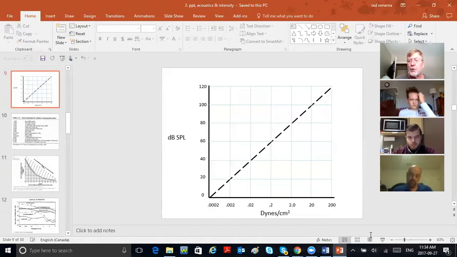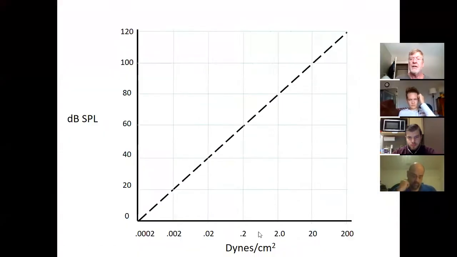So look at this graph again with me, and consider this horizontal axis to be the amount of pressure hitting your drum. And what did we say was 0 decibels at sound pressure level? We're dealing not with power, we're looking at pressure because we said power was too complicated and too busy.